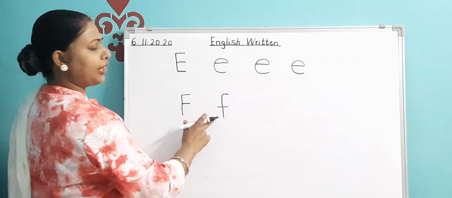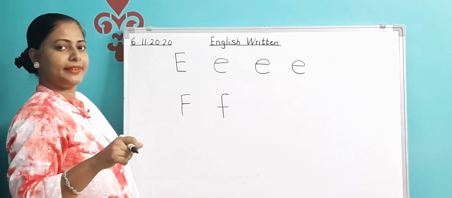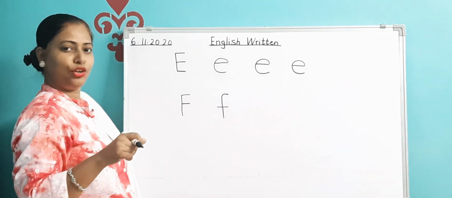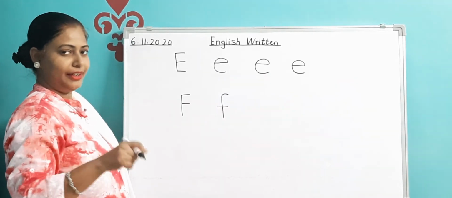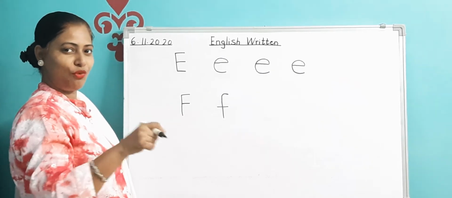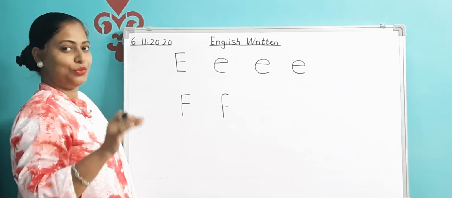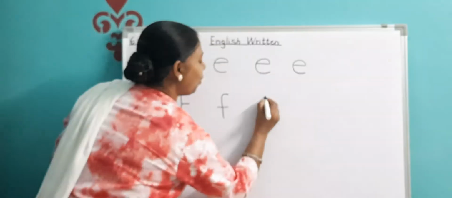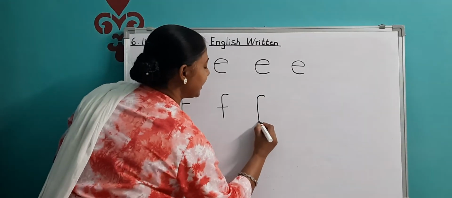Have you seen grandfather's stick? At home you must be having your grandfather, and your grandfather must be walking using those sticks. So you can call this a grandfather's stick.